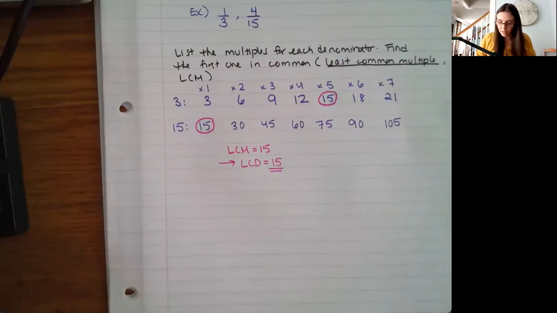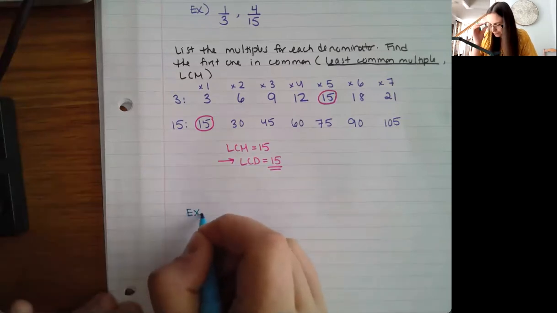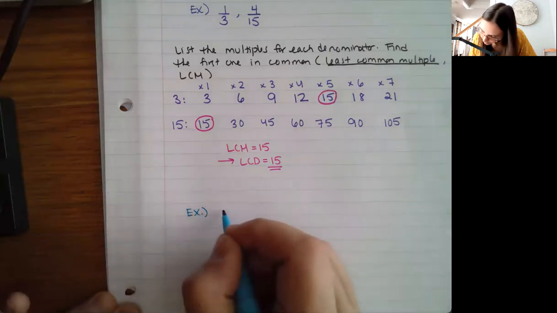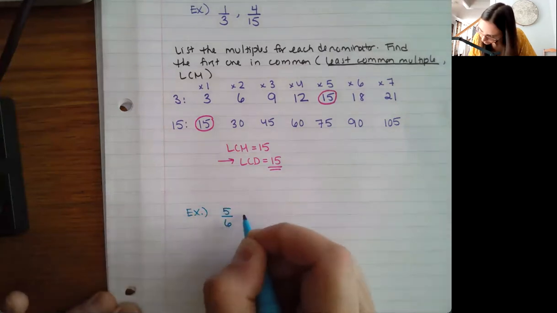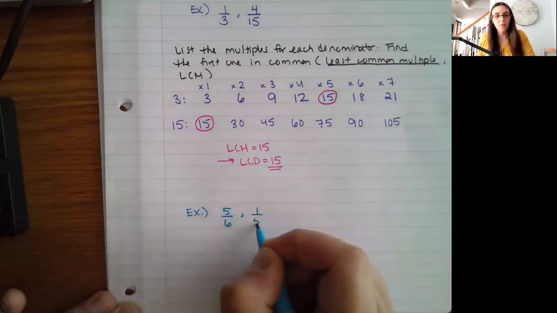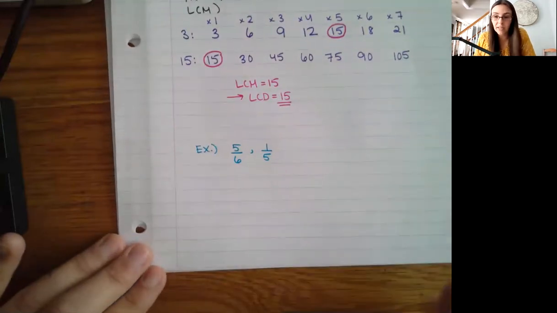All right, let's try another example. And we'll do this one in blue. So I'm going to do 5/6 and 1/5. Now, again, these are different fractions, right? They're unlike.